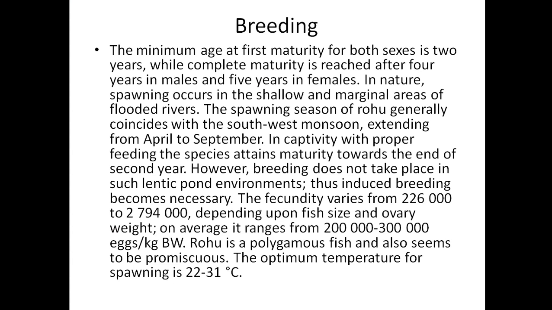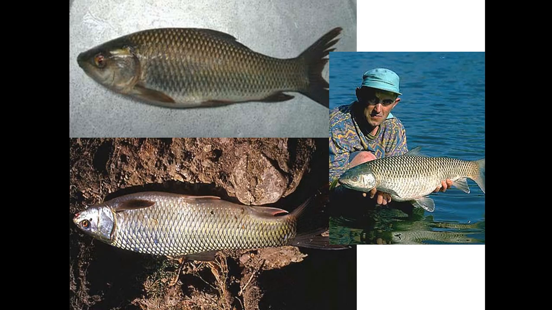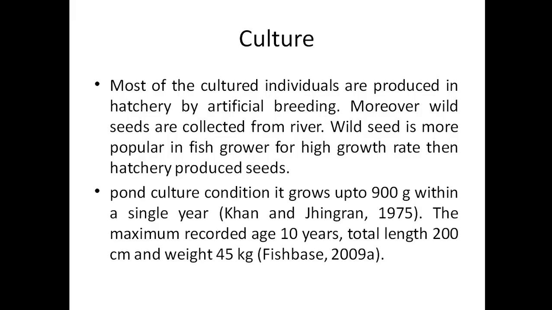It's a polygamous fish. Optimum temperature is 22 to 31 degrees Celsius. Most people go for culture of this introduced fish and even for artificial breeding.